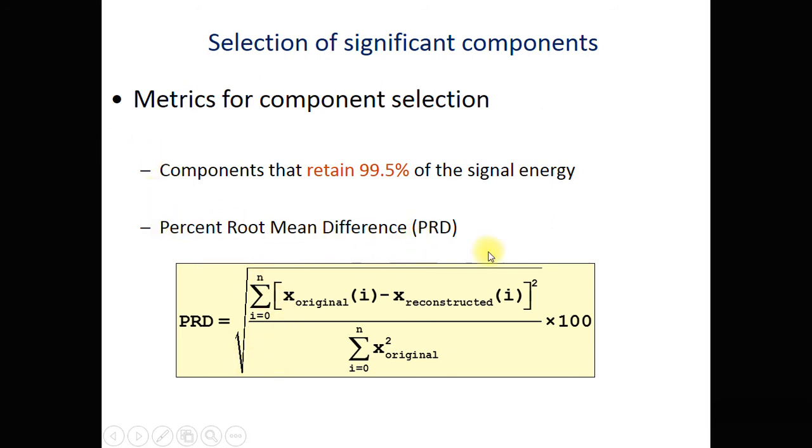It is nothing but the square root of the summation as i goes from 0 to n, that is every component, of the original value minus the reconstructed value, squared, divided by the summation as i goes from 0 to n of x squared, that is the square of the original sample value. That multiplied by 100 gives me the percent root mean difference.